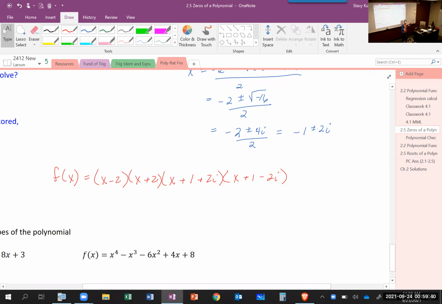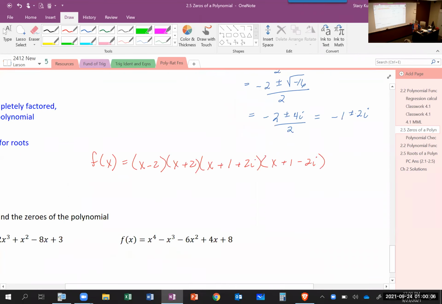They would appear on my graph, but like the square root of 2, what is the square root of 2? Square root of 2 is some decimal value. You're going to see it as an x-intercept, but you won't know what that number is. Those are called irrational roots. All right, you'll see what I'm talking about in a minute.